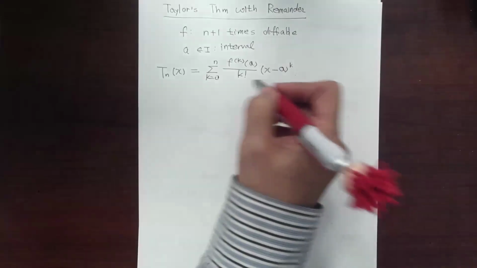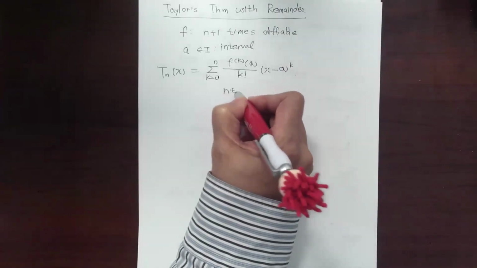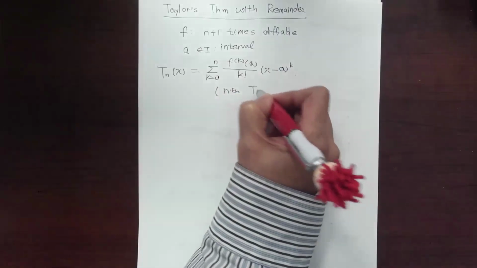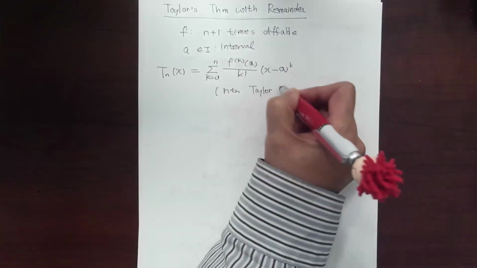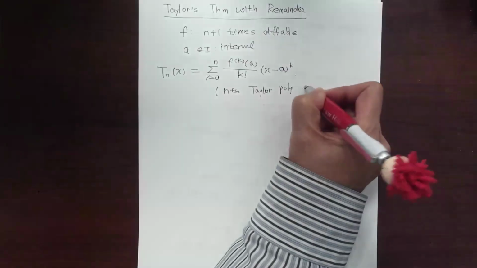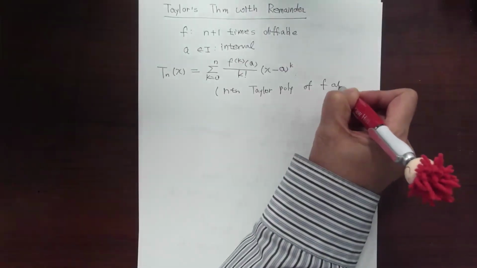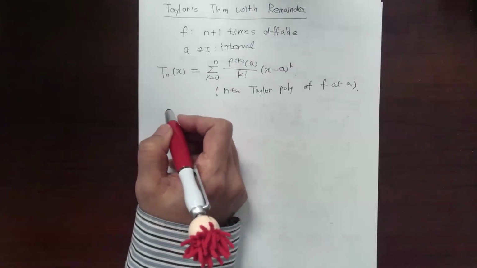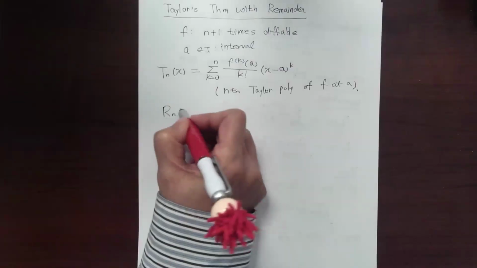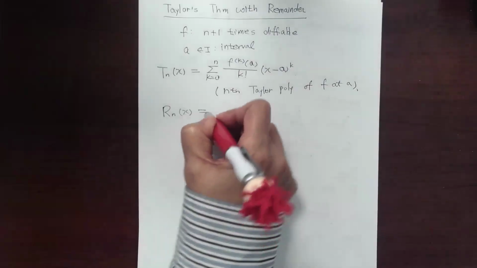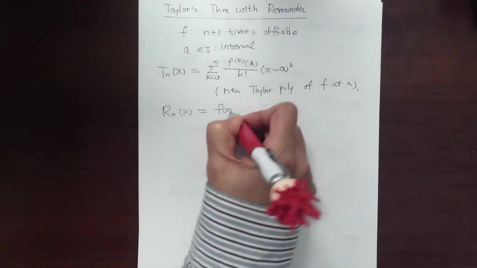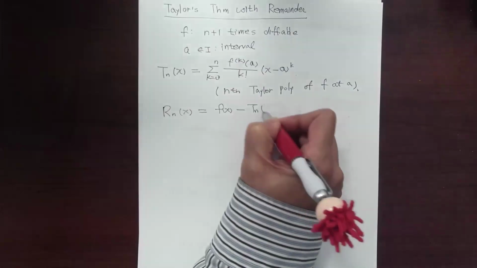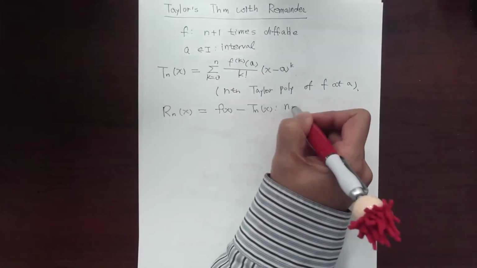So this is the nth Taylor polynomial of f at a. Of course, we know that R sub n of x is f of x minus T sub n of x, that is the nth remainder.